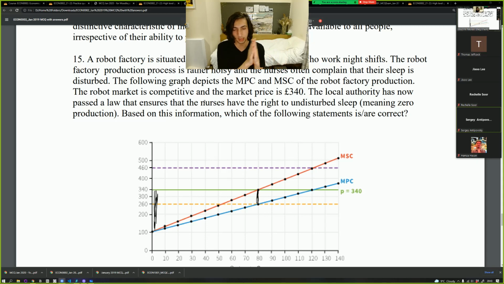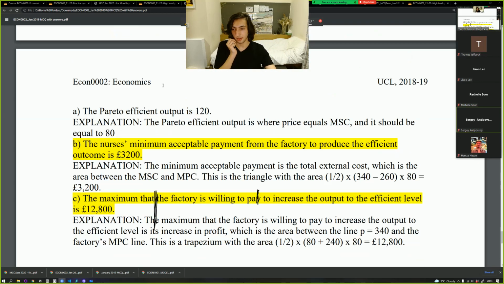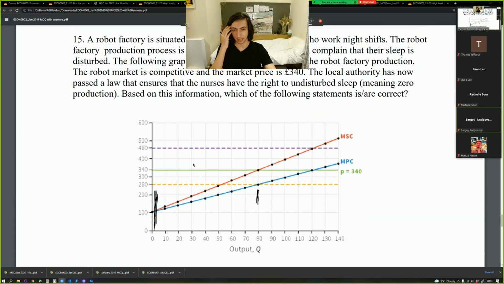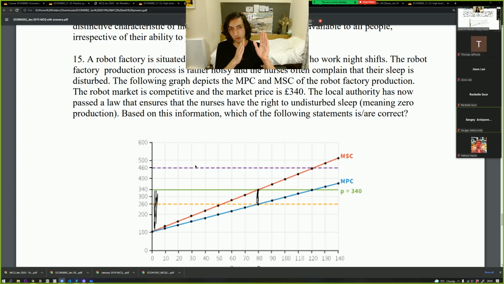Okay? In order to do this, it needs to pay a certain amount to basically take away that sort of cost, if that makes sense. I honestly don't understand it, but this is the only really real solution that works for this. So it's basically the difference between the price that they're producing at and their private cost.